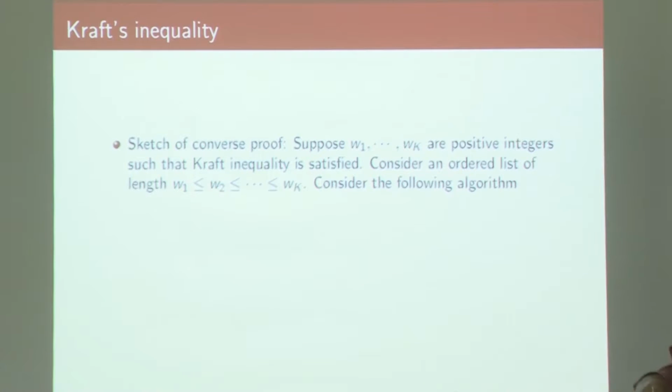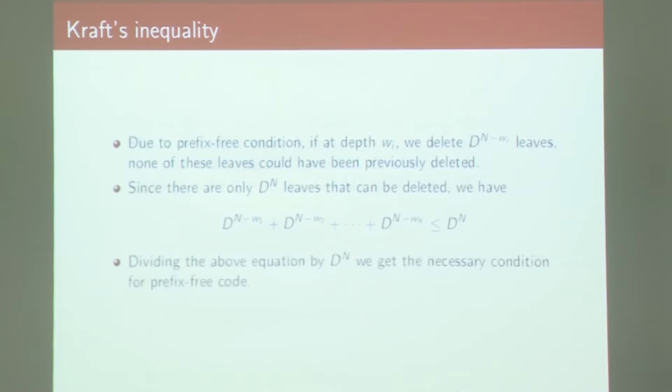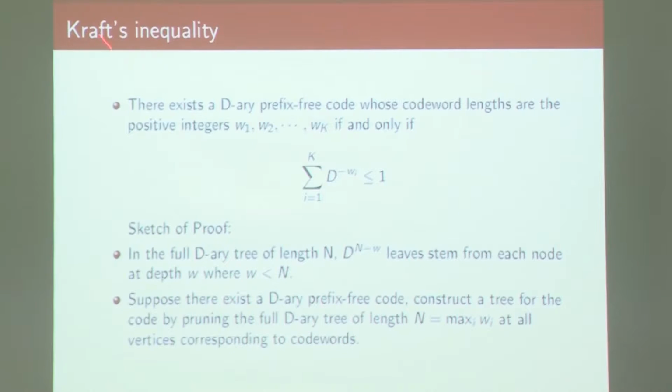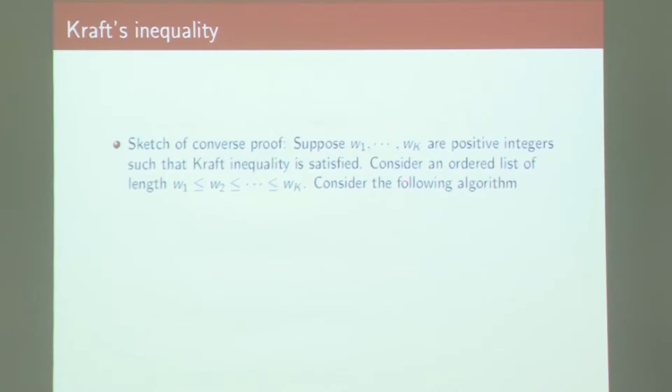Now we are going to show the converse of the proof, in the sense that if this condition is satisfied and there exists a code of this length, then that code must be prefix free. Suppose W1, W2, W3, ..., Wk are positive numbers such that Kraft inequality is satisfied.